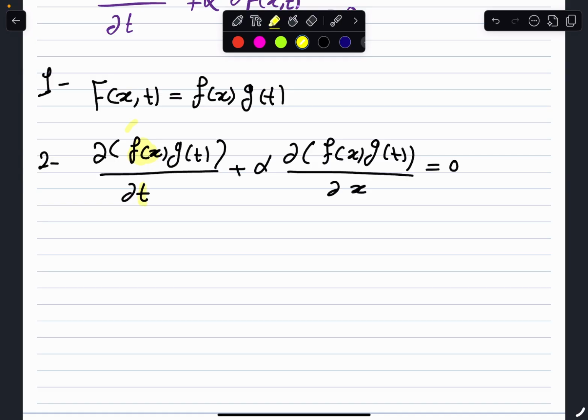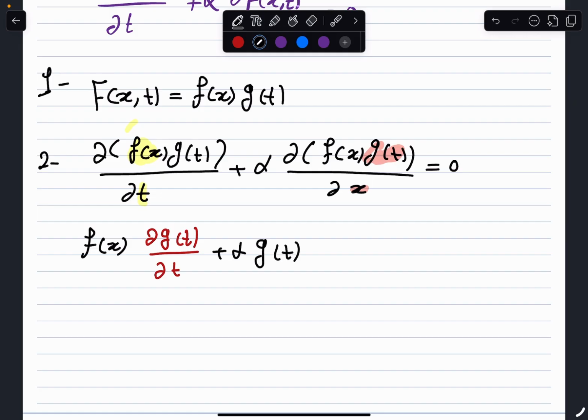So that becomes f of x times partial g of t over t, plus alpha. The same argument: I can take g of t outside here, because the derivative is on x. So g of t times partial f of x over partial x.